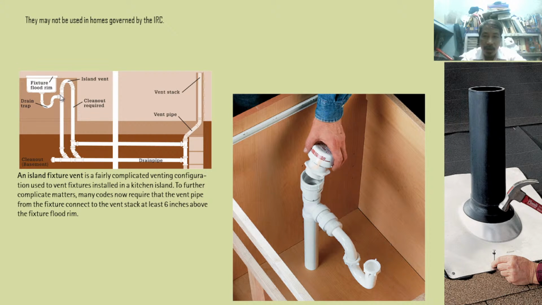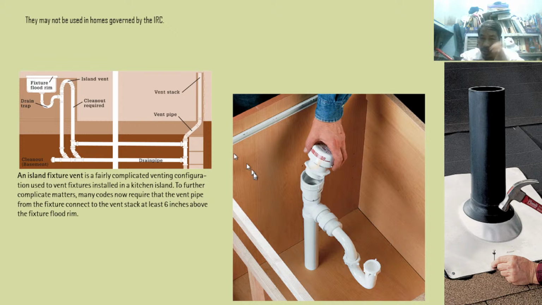How can you put in an additional part like this in order for this island vent to be covered? Because it must be covered when you are in the kitchen. You are always visually looking directly at the island vent.